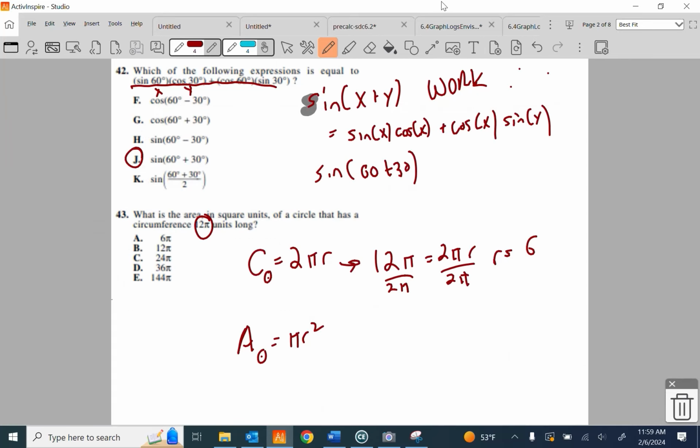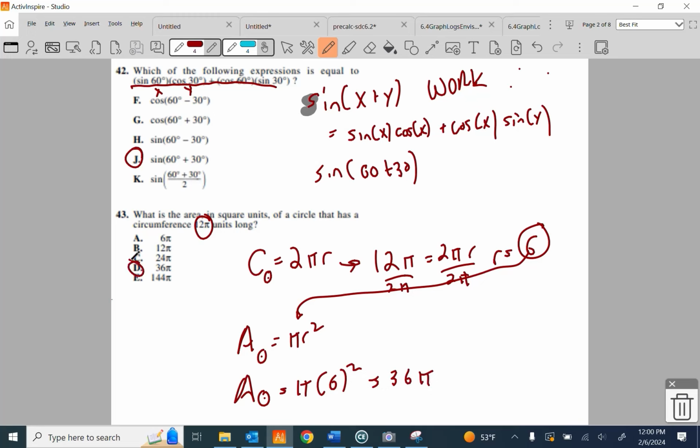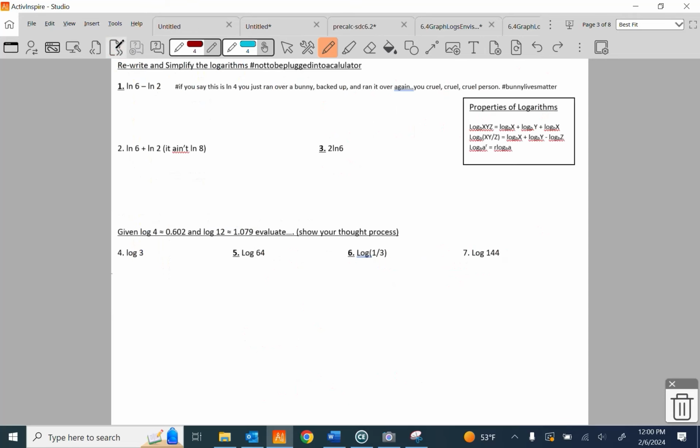Shame on you, though, for needing a calculator. And anyways, you take your 6 and you throw it right there. So the area of your circle is pi times 6 squared, which is going to be 36 pi square units. I don't even care about that. Choice D. Ta-da! All right, on to the actual lesson.